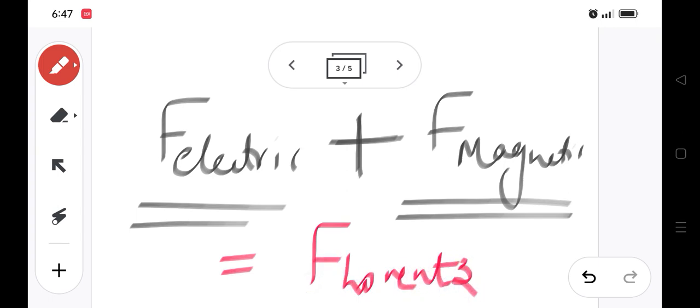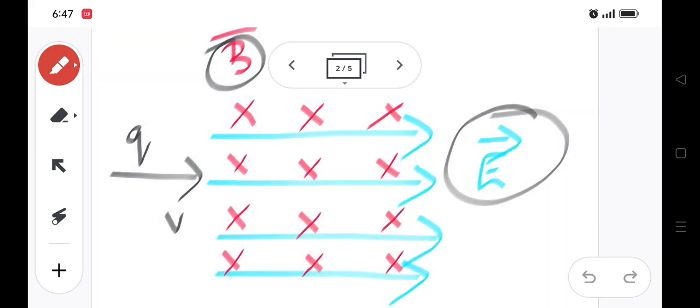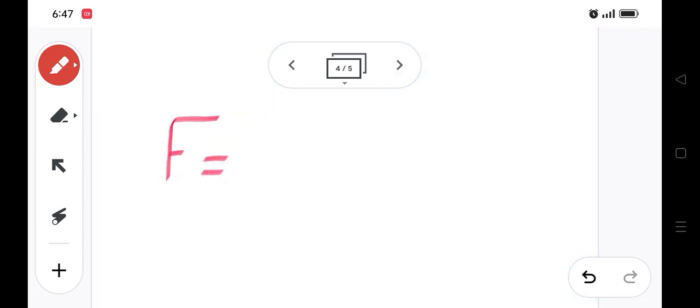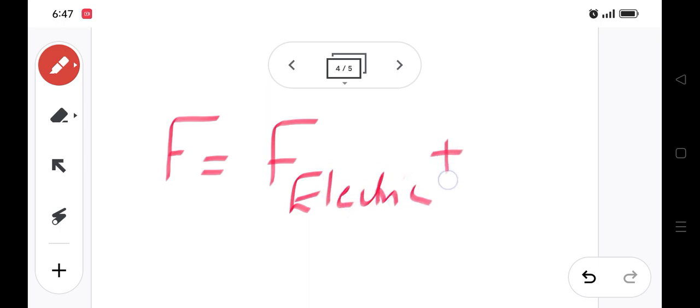So basically, the Lorentz force is the sum of electric force and magnetic force acting on a charge q when it is entering the region where electric field E and magnetic field B are present, with a velocity v. Is it clear for you? Okay, so the Lorentz force is equal to electric force plus magnetic force.